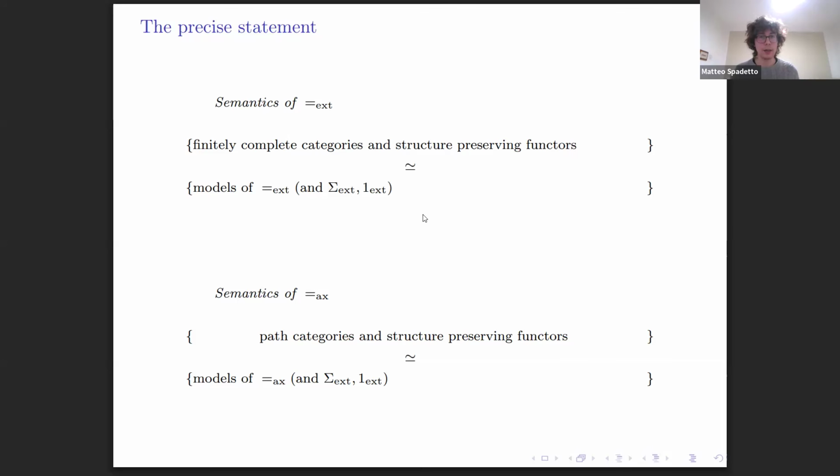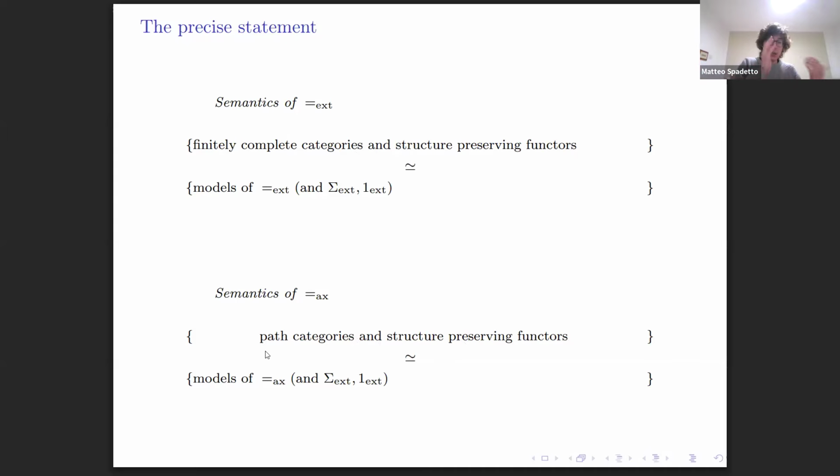Exact functors are the ones that, for finitely complete categories, preserve limits. So for instance, they send every equalizer to another equalizer in the codomain. For path categories, an exact functor is similar in the sense that it preserves the structure of weak equivalences and fibrations.